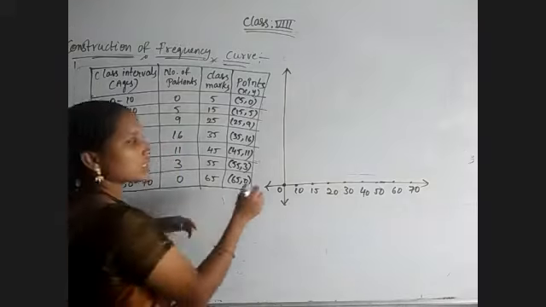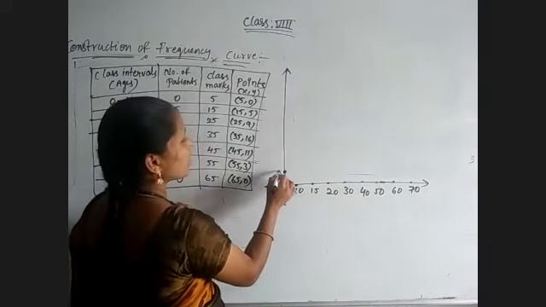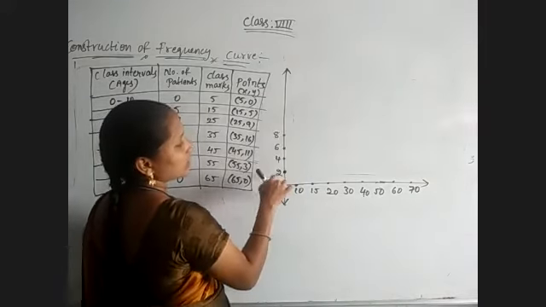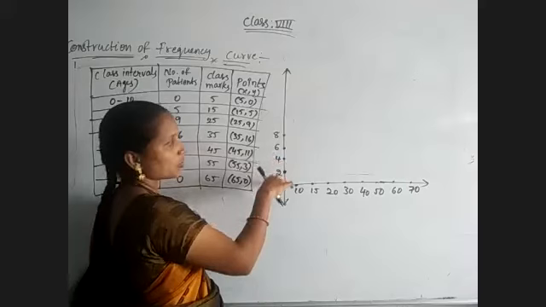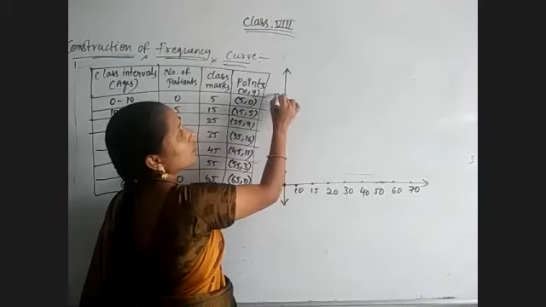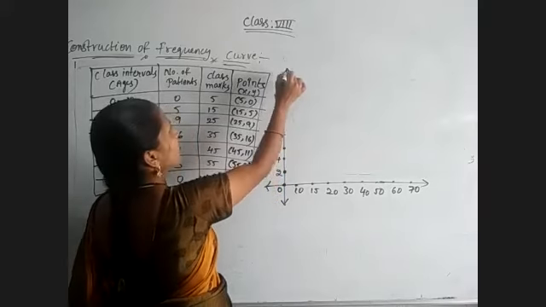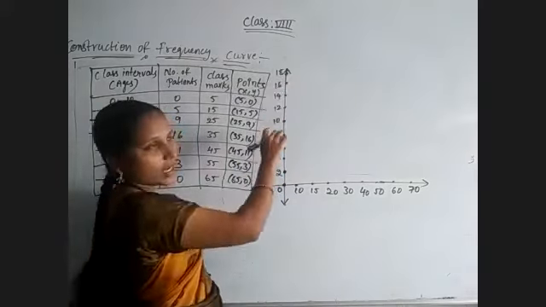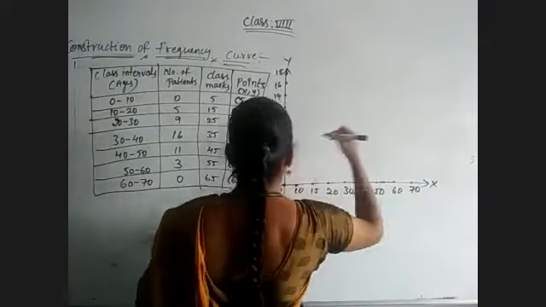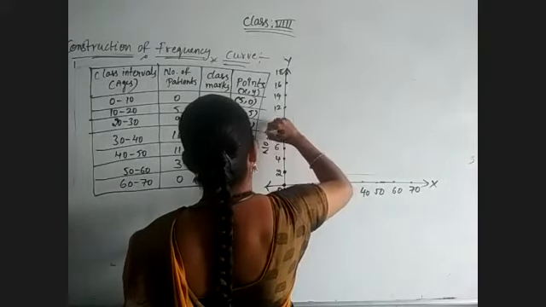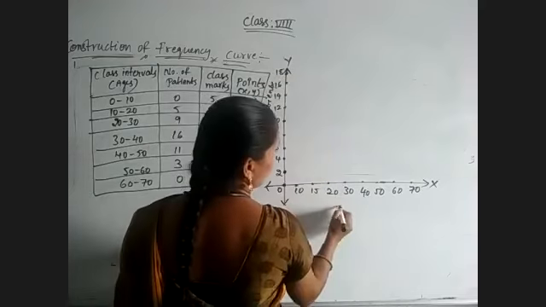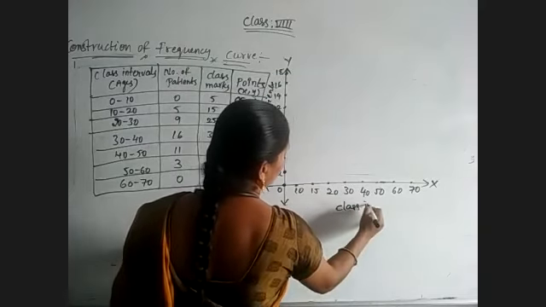For one box take 2 units, that means 2 patients: 2, 4, 6, 8, 10, 12, 14, 16, 18. 16 is the highest value, so that is enough. This is the y-axis, where we mention the number of patients, and this is the x-axis, where we mention class marks, class intervals.